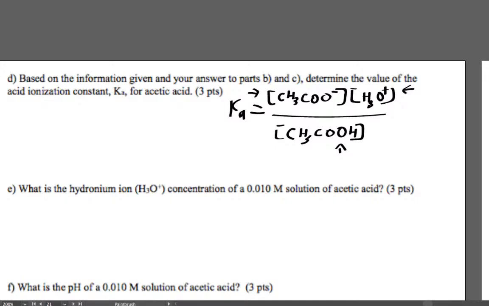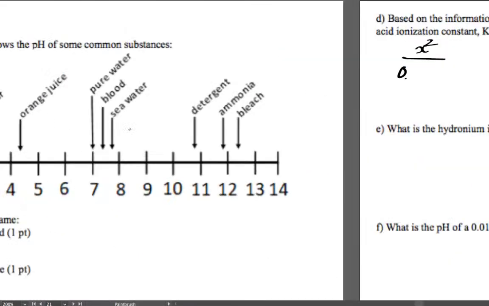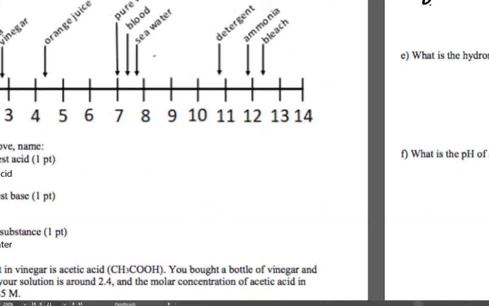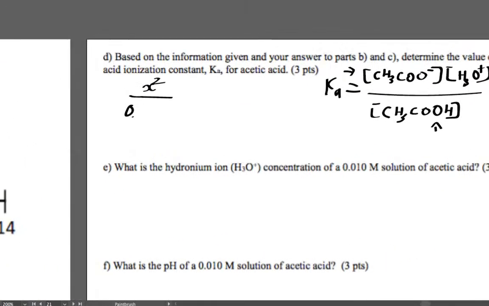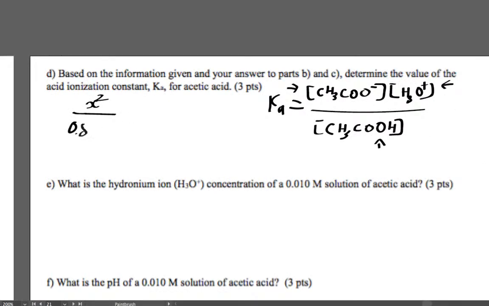In fact, what you'll get is x squared on top, and at the bottom there is 0.85, I believe. Was it? Let's see. Yeah, 0.85 molar. Subtract the x that you have, because of the reaction.